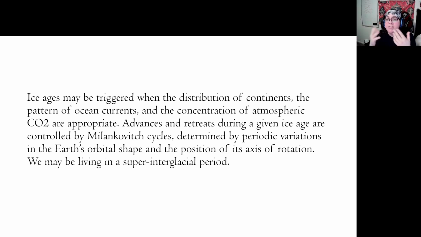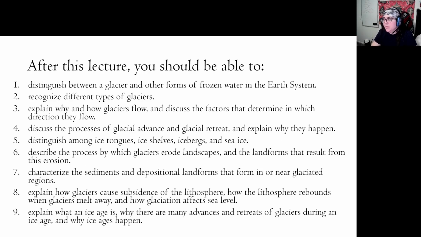We have advances and retreats controlled by Milankovitch cycles, and we may be living in a super interglacial period, meaning it should have been a glacial period, but now we have an interglacial period that has become a lot longer than we might expect.